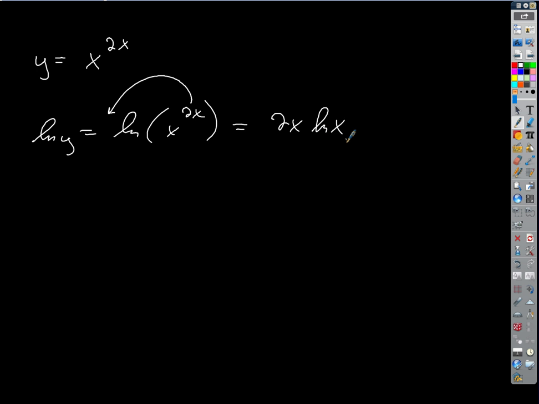That's pretty doable. Remember what our property of logs is. The natural log of a to the n is equal to n times natural log a, right? So it's a product: 2x times log x.